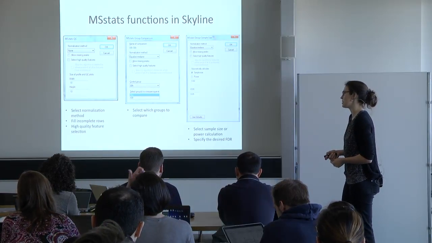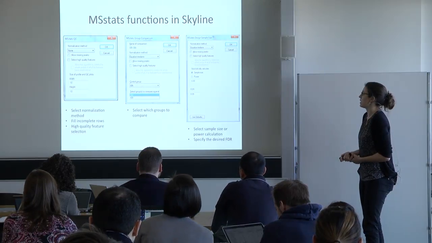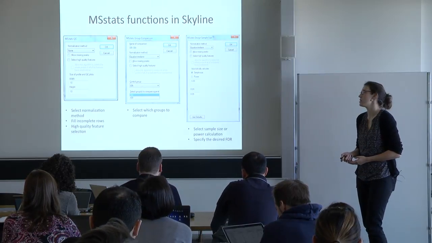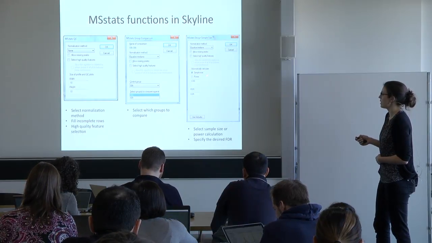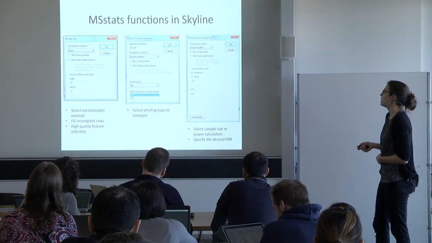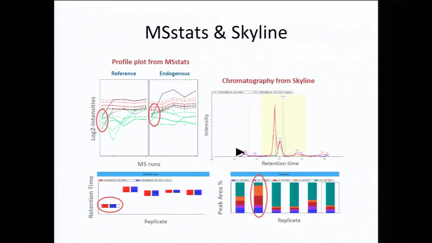And then you will get the corresponding results. And if you want to design future experiments with MSstats, you can select if you want to estimate the sample size or the power, and you need to specify the false discovery rate.